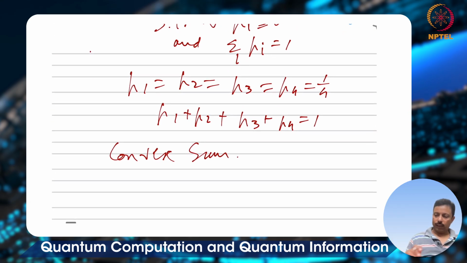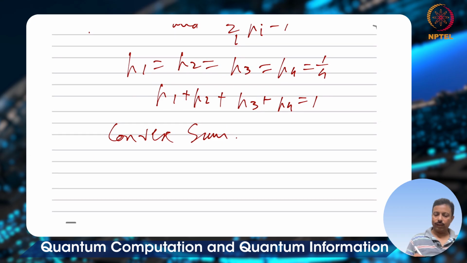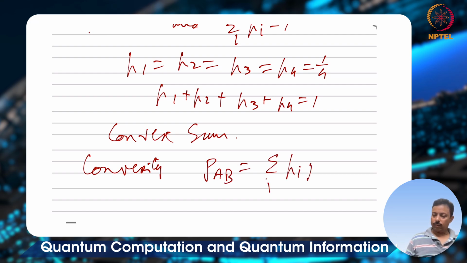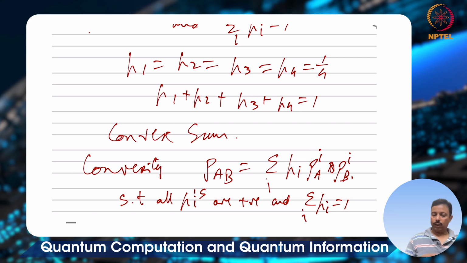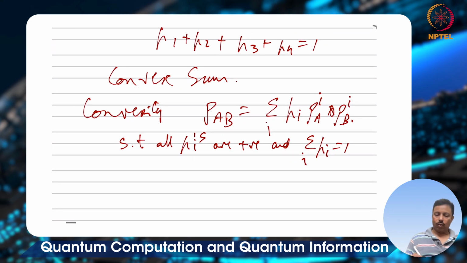Let me just end here by saying that if we have a matrix which has a sum over i p_i rho_iA tensor rho_iB, such that all p_i are positive and sum over i p_i equal to 1, then this is called a convex set.